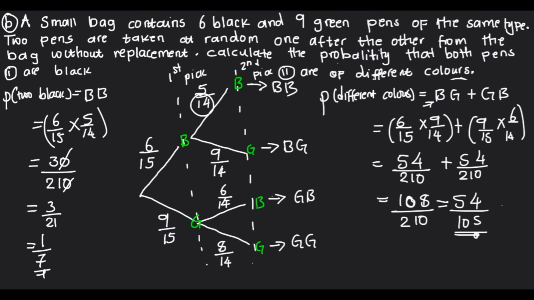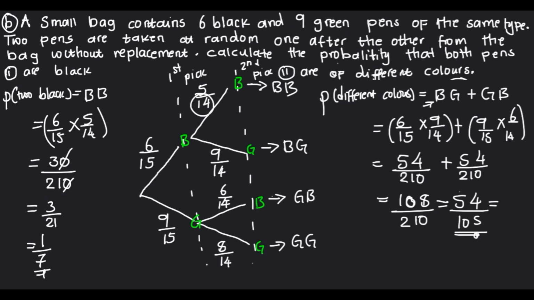If we want, we can still reduce this one. We still have some numbers that are common, like 3. 3 can go into 54. Okay, let's just reduce this.